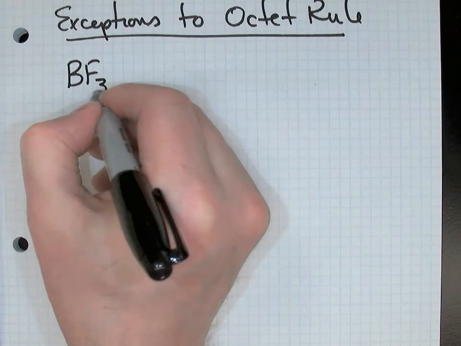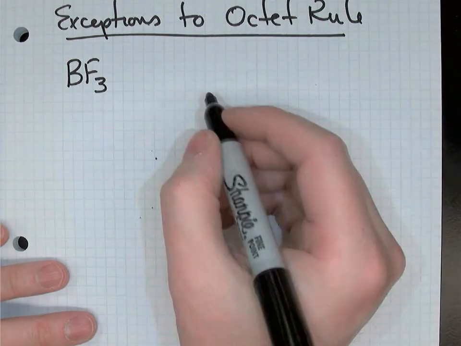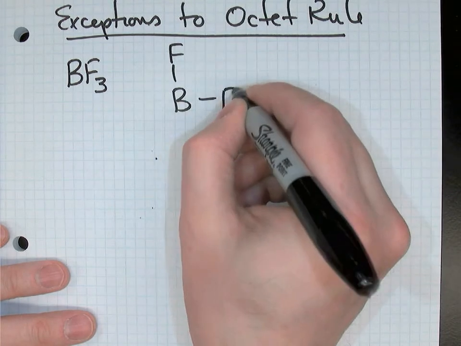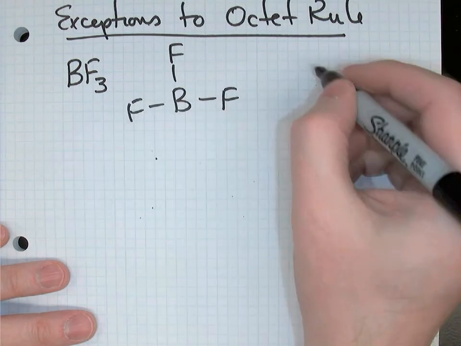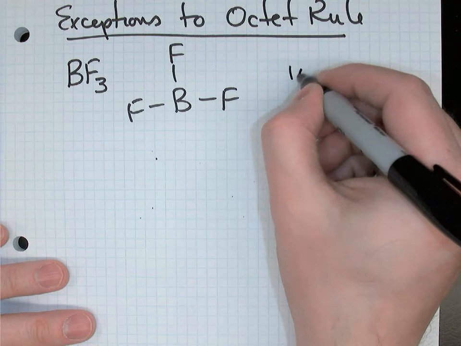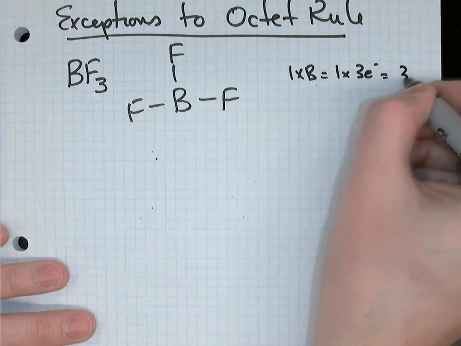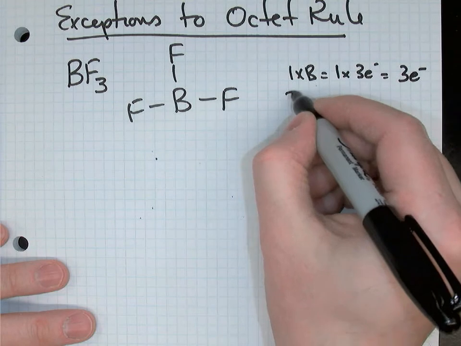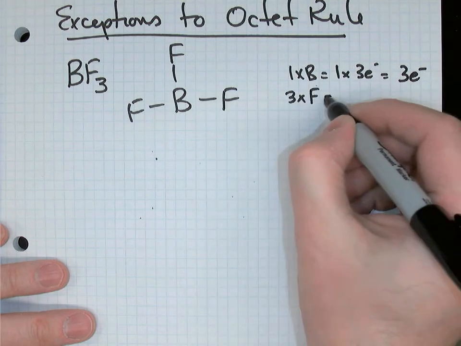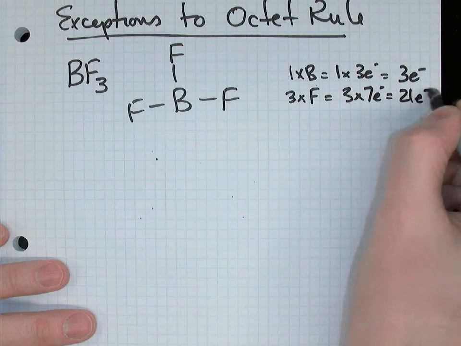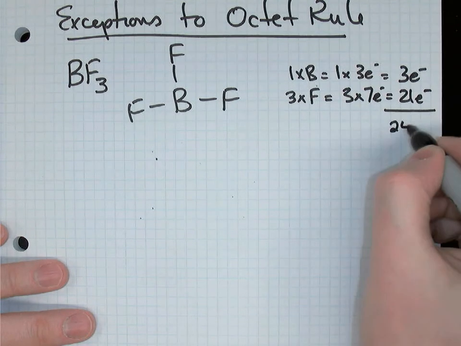If you try drawing its Lewis diagram, B, fluorine, fluorine, fluorine, and you add up the electrons, 1 boron is 1 times 3 electrons, 3 electrons total, 3 halogens, fluorine, so 7 electrons each is 21 electrons total. We have 24 electrons to play with.